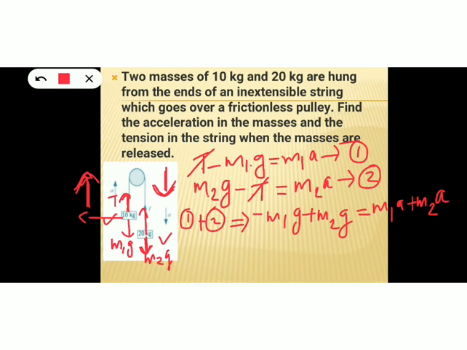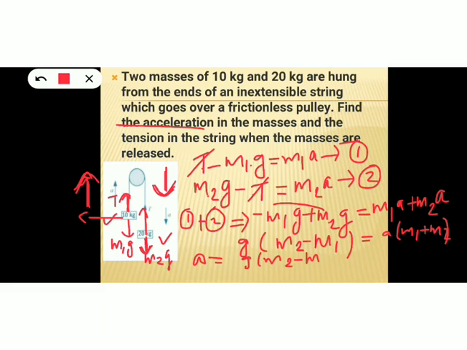Here g is the common factor on the LHS, so we can write g into m2 minus m1 equal to a into m1 plus m2. We need to find the acceleration, so acceleration is equal to g into m2 minus m1 divided by m1 plus m2.